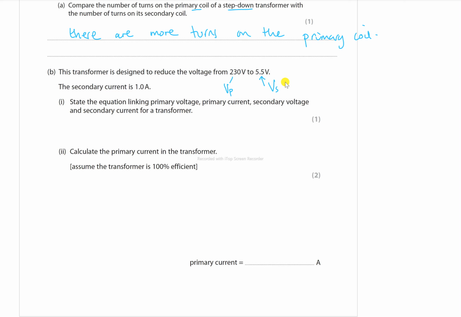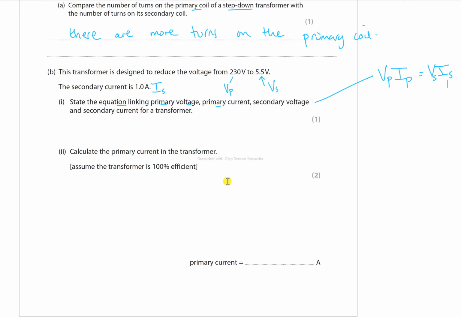So they have got a current formula, right? So they're saying that the secondary, so current is I, so secondary current. So we want an equation linking primary voltage, primary current, secondary voltage, secondary current, right? So we've got to learn this then. Voltage times current on the primary equals voltage on the secondary times current on the secondary.